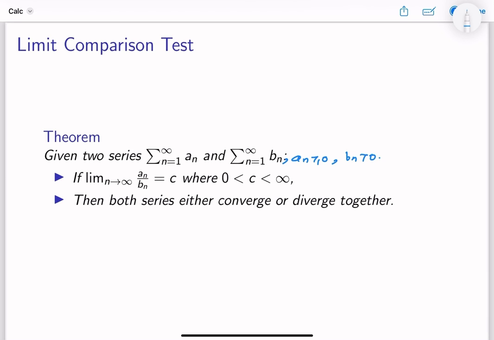Just as I mentioned for the comparison test, sometimes you have some knowledge of a convergent series. Sometimes you have a series, the sum of an from n equals 1 to infinity, and you have another series, the sum of bn from n equals 1 to infinity.